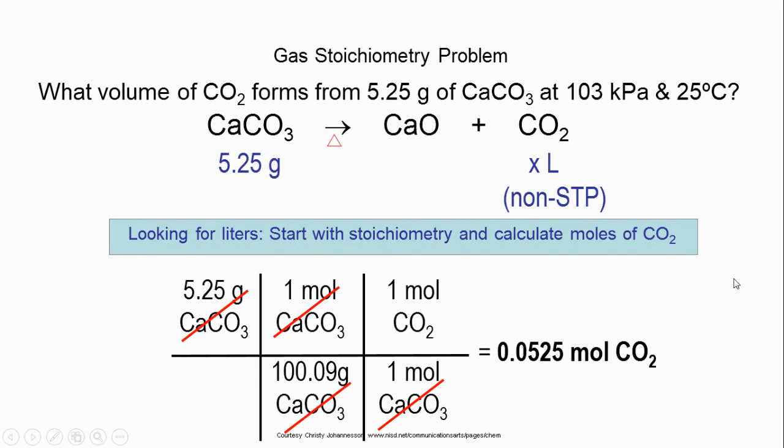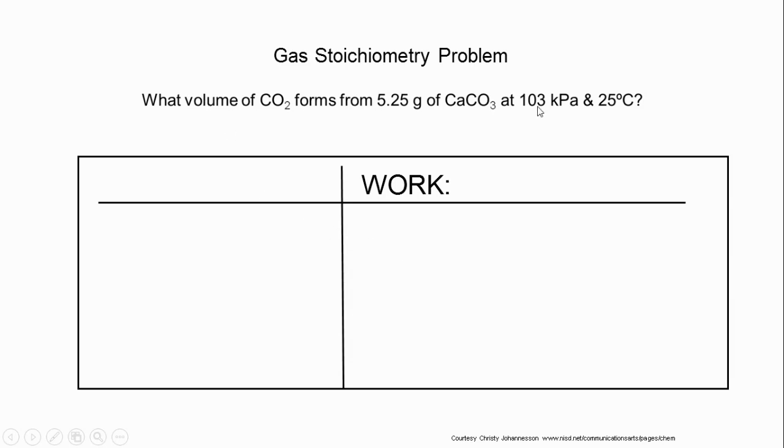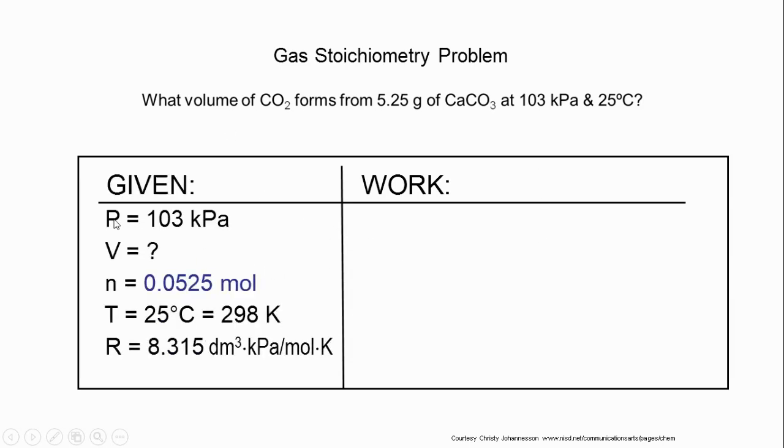So let me go to a new sheet of paper and remember what we've got here. It's the same question, and I wrote down the given information. We had the pressure from the problem. We had the temperature. Remember, you have to add 273 to get that to Kelvin. And I chose a value of R that corresponded with the kilopascal unit.